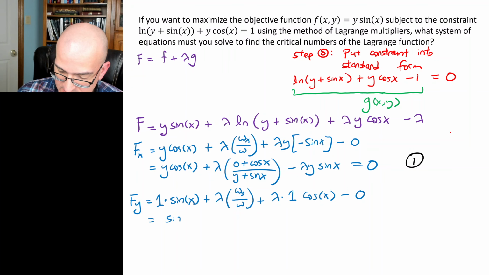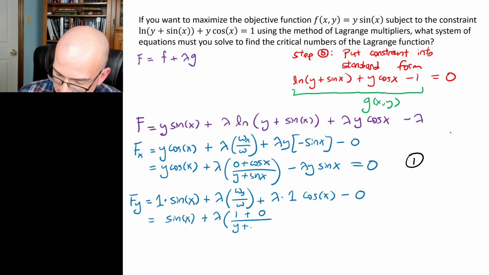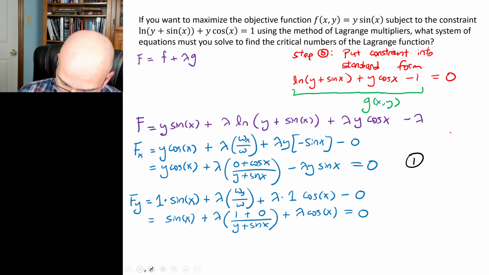We have sine of x plus lambda times the y derivative of what's inside the log function, so 1 plus 0, divided by what's inside the log function, y plus sine of x, plus lambda times cosine of x is equal to 0. So that's our second formula.